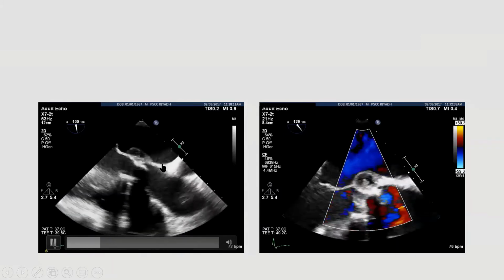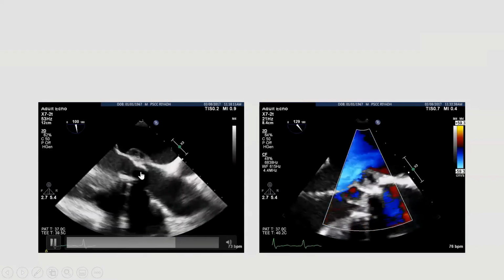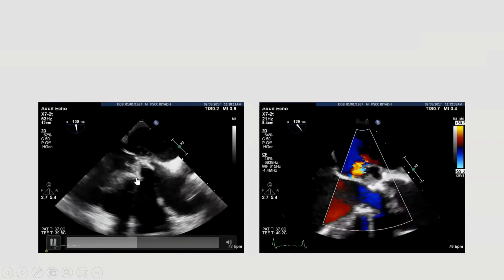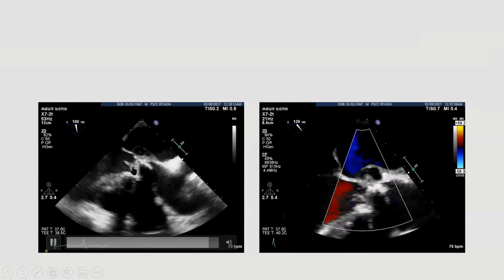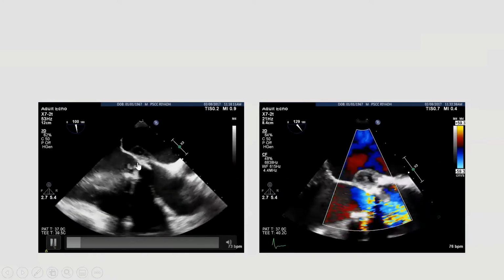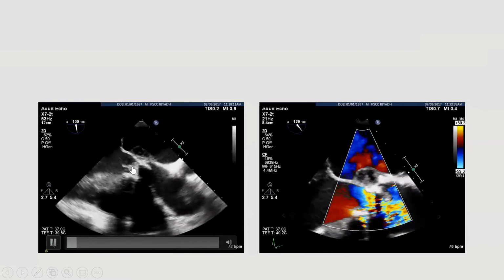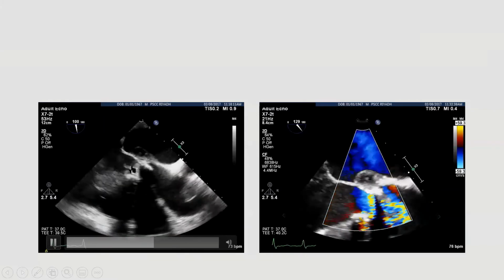And in fact, the aortic valve is bioprosthetic. You see the shadows here? These are acoustic shadows because of the prosthesis. Now we are seeing a mass originating from the undersurface of the valve and flapping into the LVOT. So this is vegetation. This is typical of vegetation.